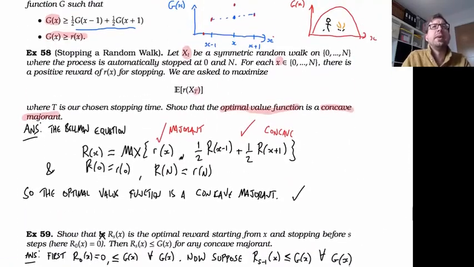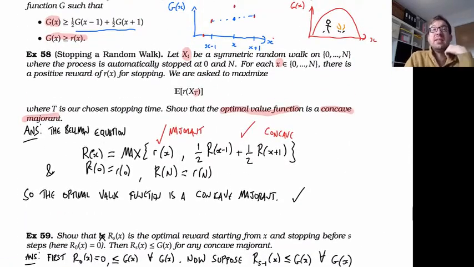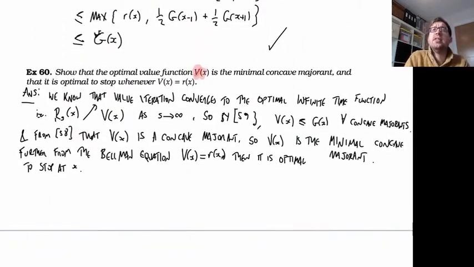In other words, if we look at our Bellman equation here, I should have written these with v's rather than with capital R's. Anyway, if v of x is equal to little r of x in here, it's saying, well, of the actions, stop or continue, it's better to stop. Okay? So whenever this is true, it is optimal to stop.